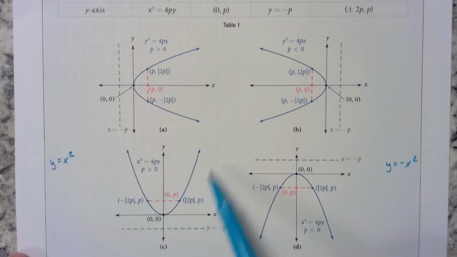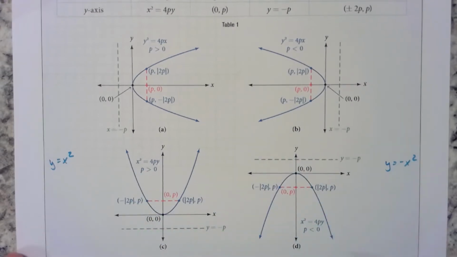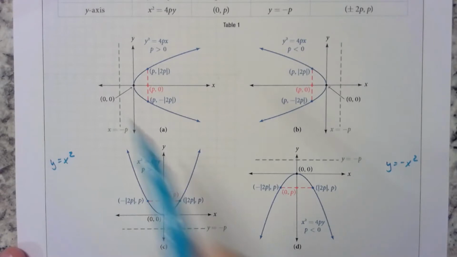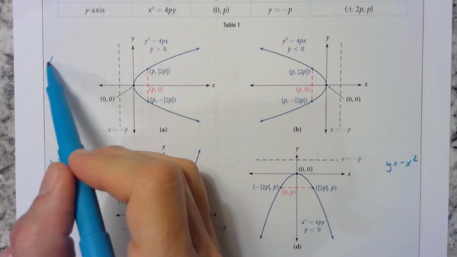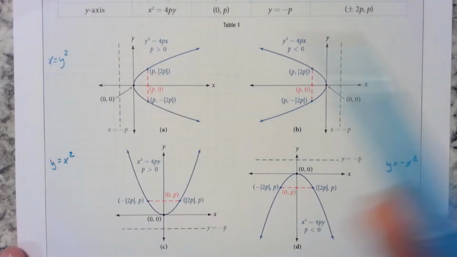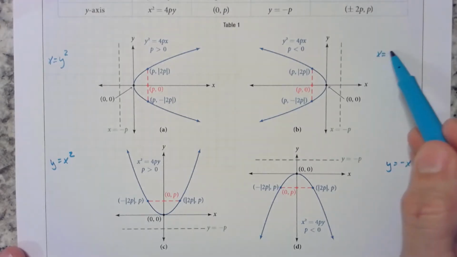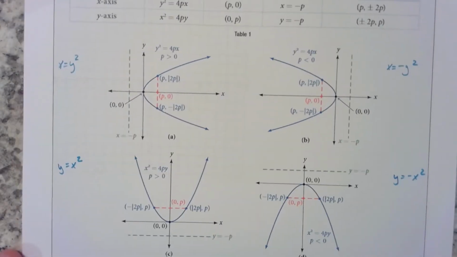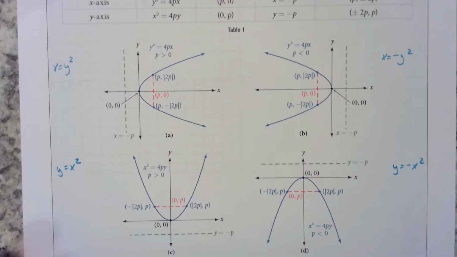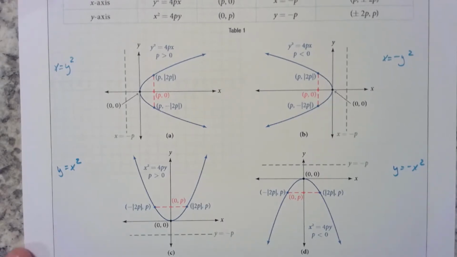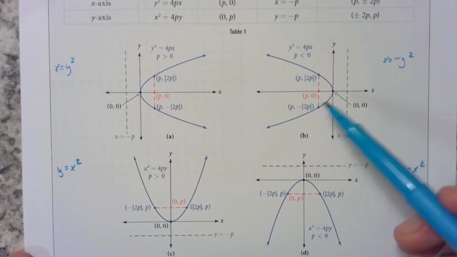So this one is y equals x squared, and this is y equals negative x squared. Well, by the same token, this one would be x equals y squared, and this one would be x equals negative y squared. Okay, see how that works? When you switch your x and your y, it actually makes your parabola go horizontal.